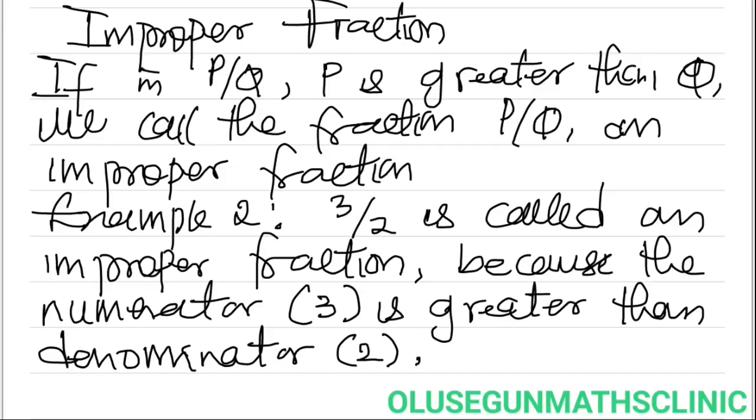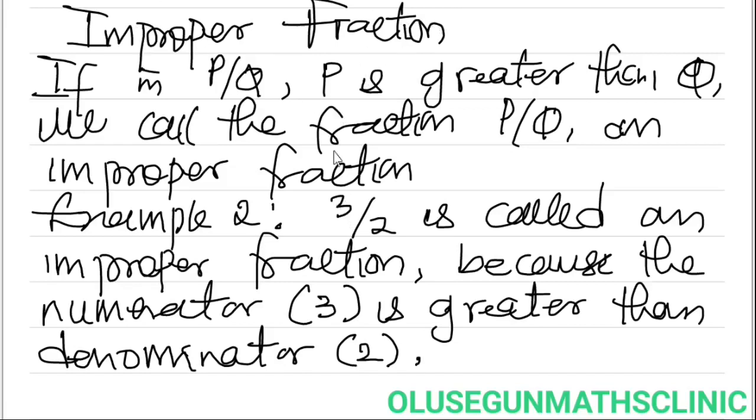Example 2: 3 over 2, that is 3 divided by 2, is called an improper fraction because the numerator 3 is greater than the denominator 2. That is why we call it an improper fraction.